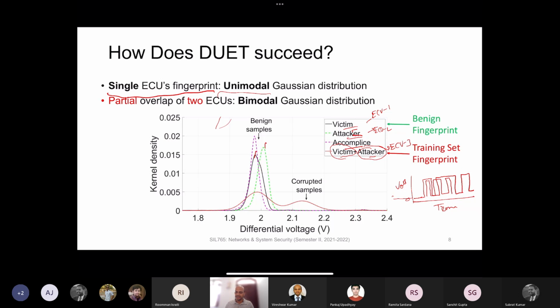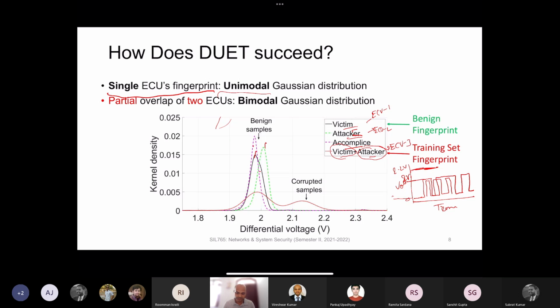If the victim and the attacker both start to inject voltages on the bus, the total voltage that the intrusion detection system will see will be higher. Earlier if it was 2 volt, it will probably be 2.2 volt. What we are looking at is the distribution, not the exact voltage at a particular time, but even at a particular time, the voltages will be higher. That is what we are showing by the distribution here.